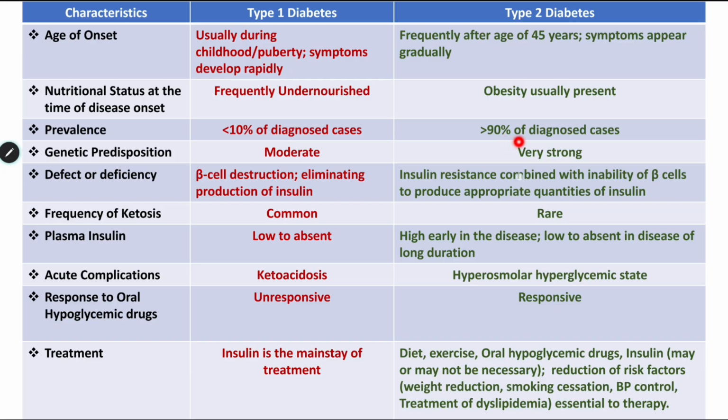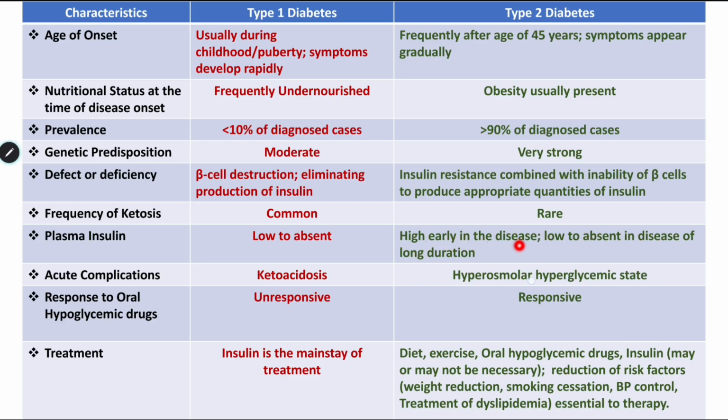Type 2 diabetes is more than 90% of diagnosed cases of diabetes. There is a very strong genetic predisposition. You must have seen type 2 diabetic patients, and you will usually find the mother, father, sibling, or some first degree relative with type 2 diabetes. It is characterized by insulin resistance along with inability of beta cells to produce appropriate quantities of insulin. Ketosis is rare in type 2 diabetes, and plasma insulin is high early in the disease and low to absent in longer duration.